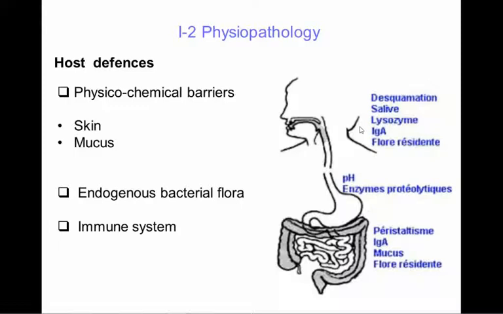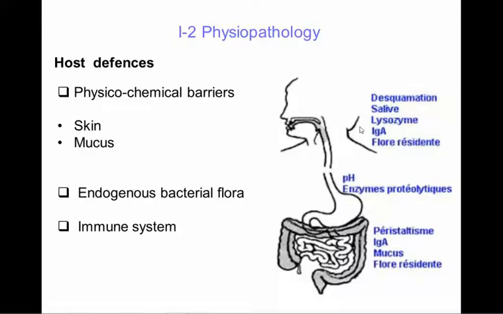Okay. Host defense. Now, what does that involve? Most of the time, you think about the immune system. You're thinking about antibodies, cells of the host immune system that are going to eliminate bacteria.